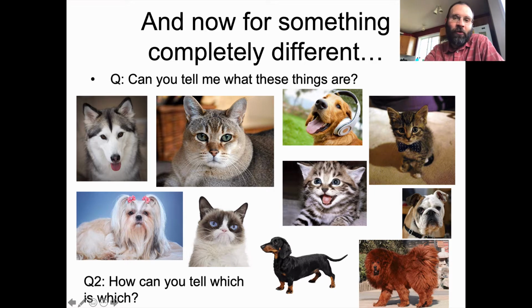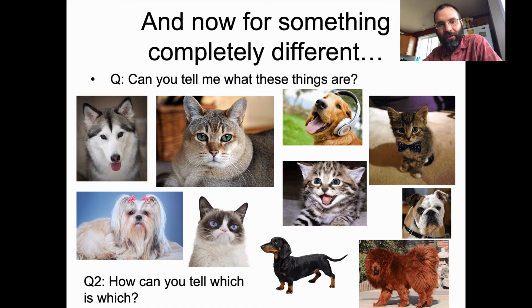And now that you've scored 100% on this pop quiz, maybe you can tell me how you did it. What did you see in these photographs that told you whether each one of these things was a cat or a dog? Do all the cats have something in common that you can latch on to, which makes them look different from the dogs?